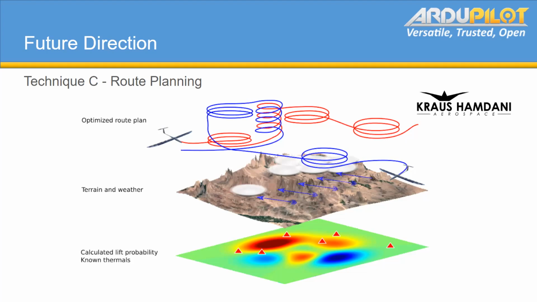So we might use that to work out an a priori map of where we expect to find thermals. However, even better might be if we do have multiple aircraft for certain missions. This is probably more for the commercial, industrial application. If there are multiple aircraft flying in a swarm, then they can start to share information. So if one of them happens to encounter a thermal, it can communicate that to the other aircraft. They can use that within their route planning to do a better job of preferentially flying through better conditions.